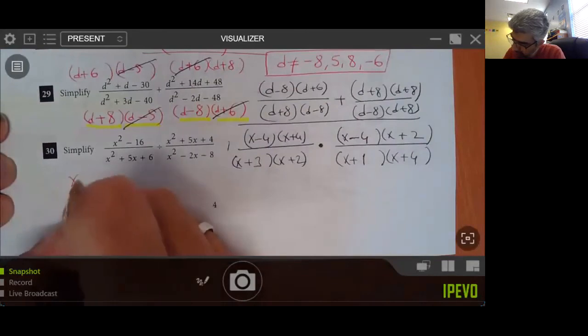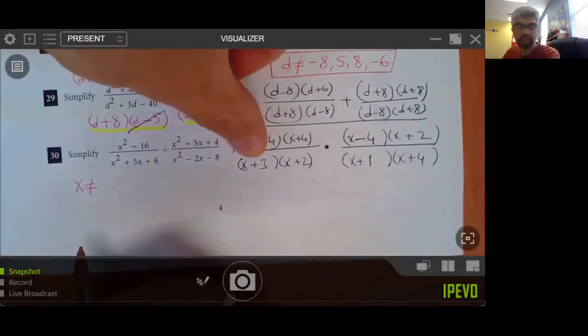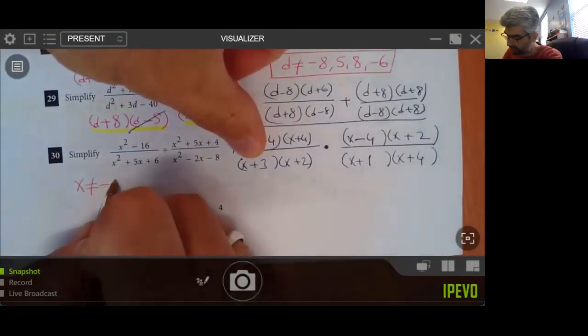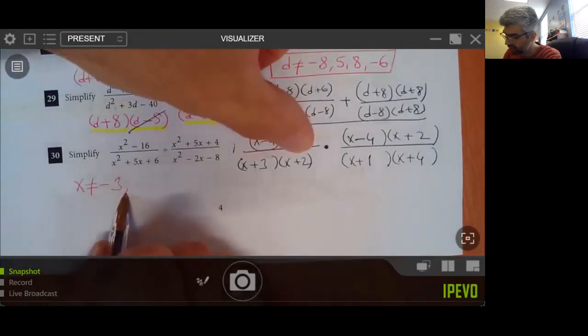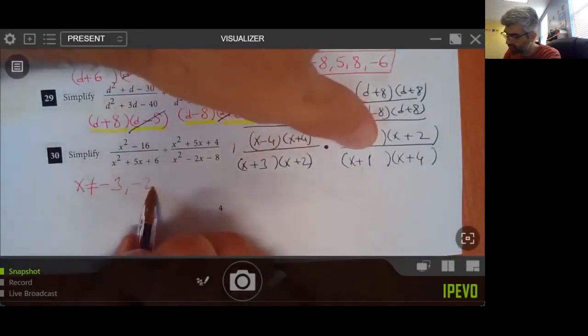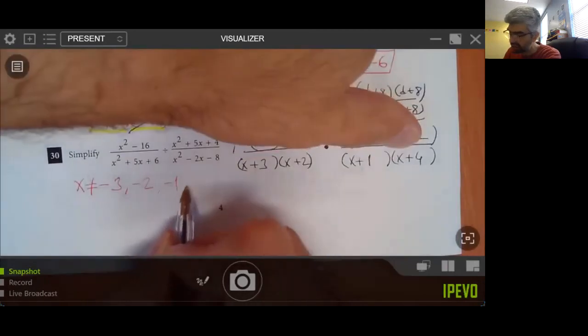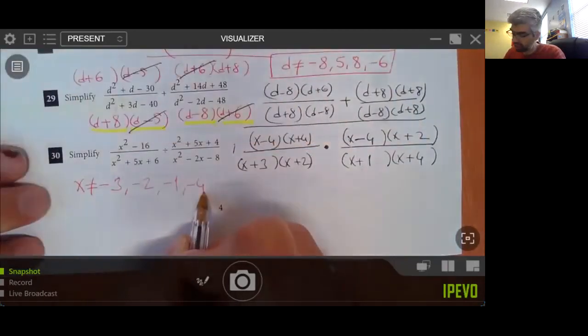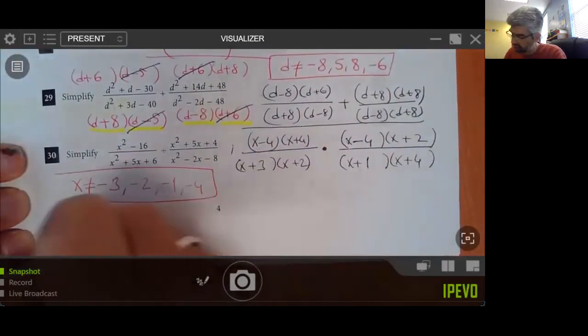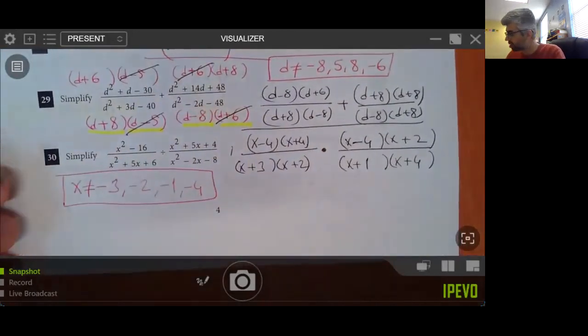X cannot be what? X must be different than negative 3, negative 2, negative 1, and negative 4. Okay, guys. These are not in the domain. X must be different than.